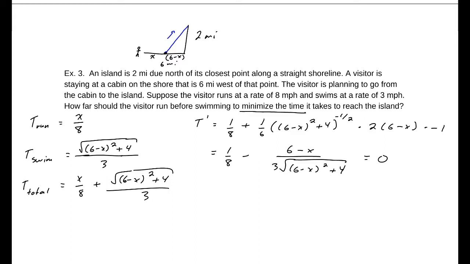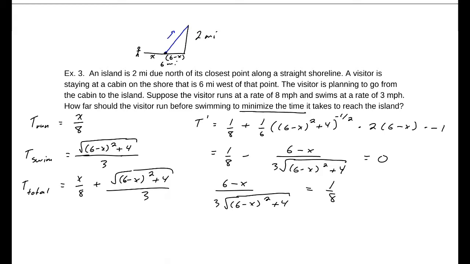Alright, well, that means (6 minus x) over 3 square root of (6 minus x) squared plus 4, no parentheses, equals 1/8.